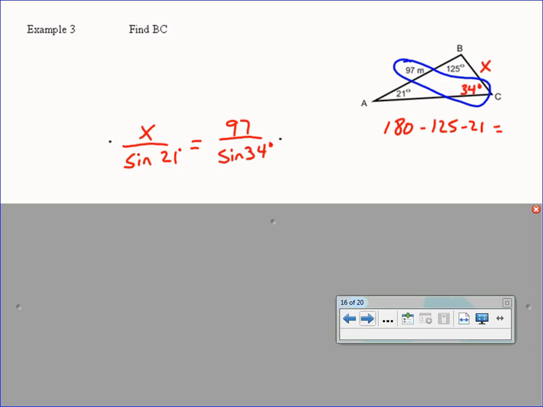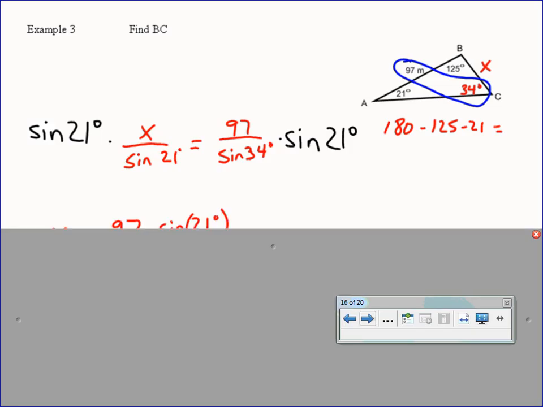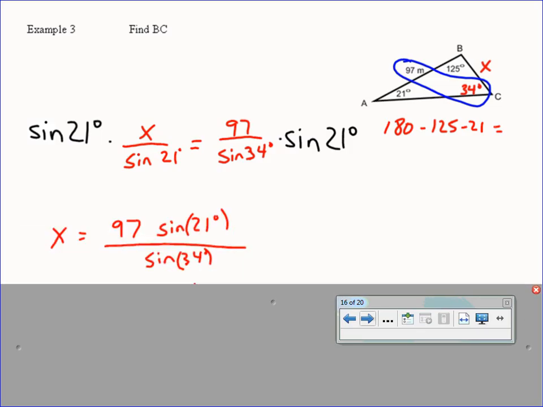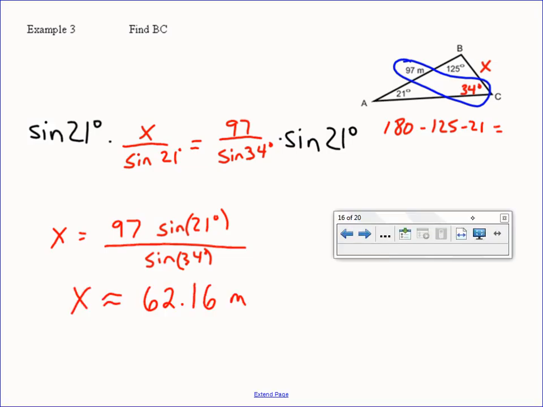We can multiply both sides by sine of 21 degrees. In doing so, we'll isolate x. It's given by exactly 97 times the sine of 21 degrees, all over sine of 34 degrees, which in turn is approximately 62.16 meters.